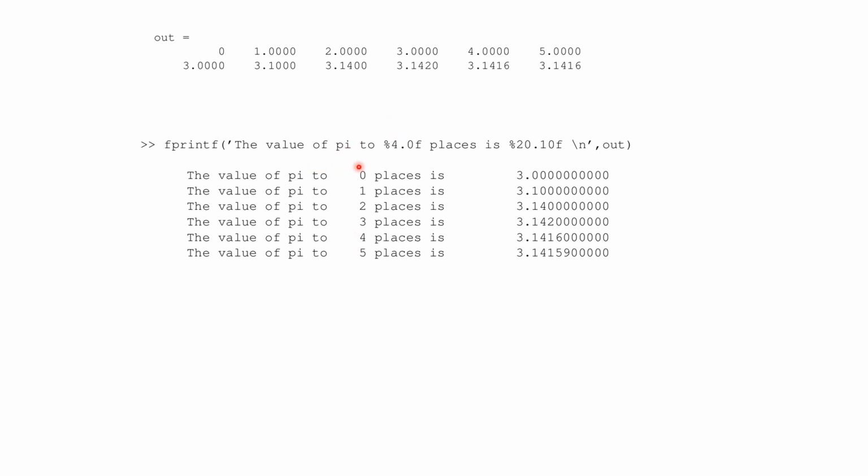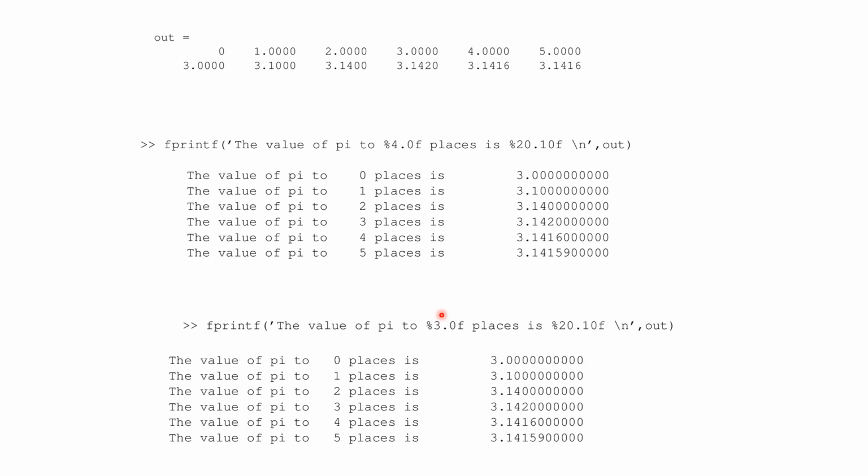And you see how it leaves the 4 slots there. 20 slots here. So it gives you 20 slots for this floating point number. Here's another one. Change this a bit, and then this space here changes. So you can control the output to the screen.